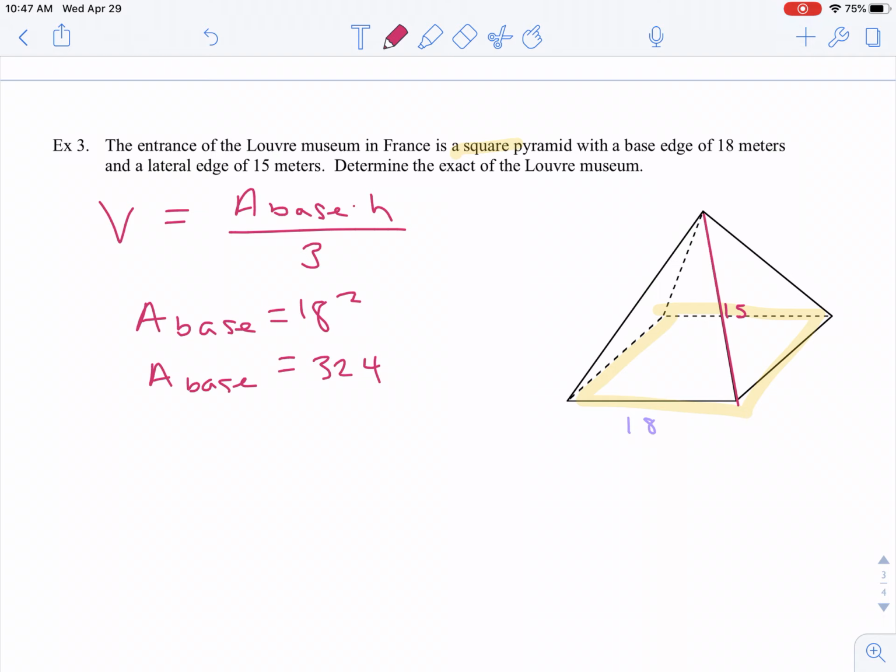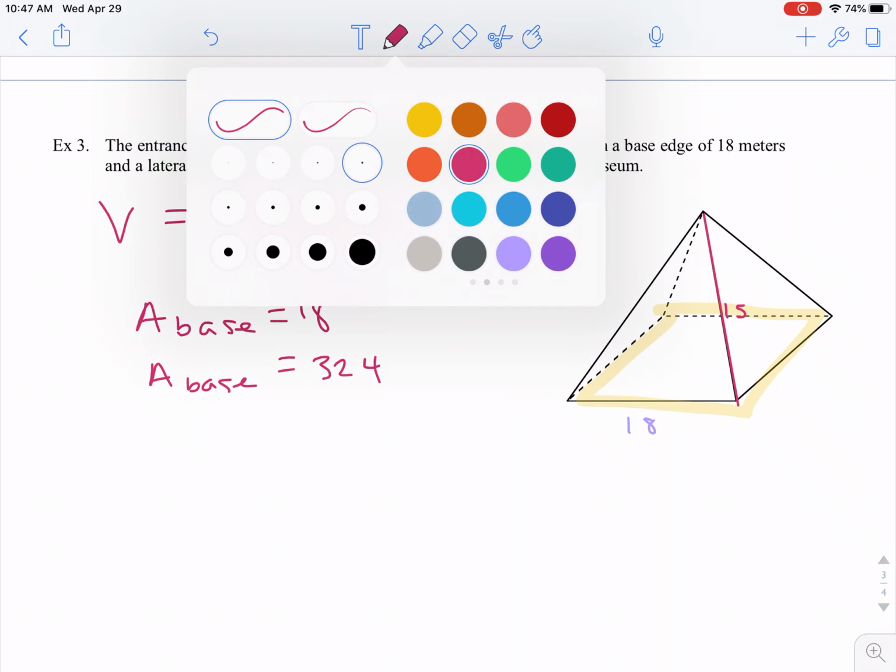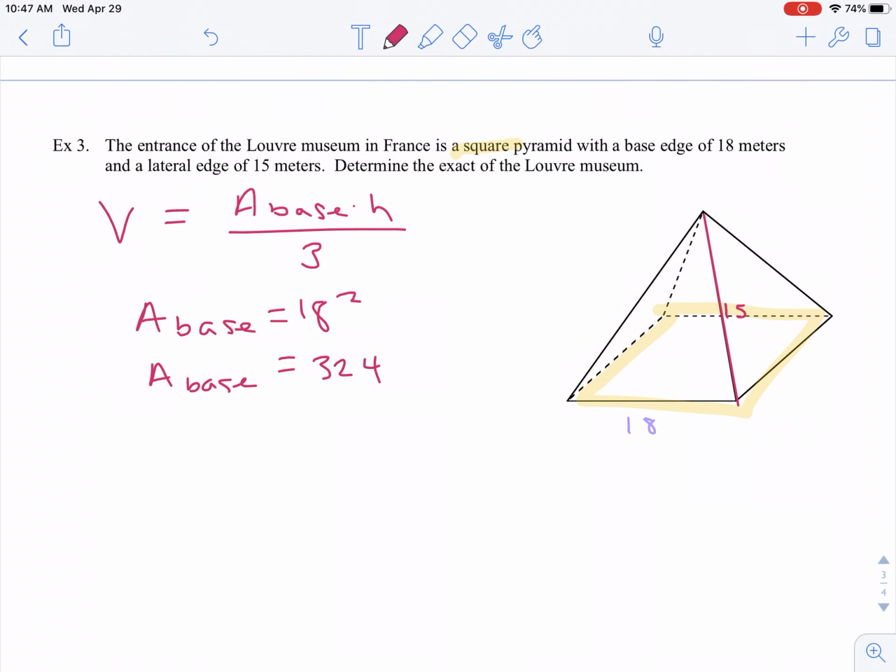So we're going to take a look at this. So we need to think about a few things. We need to think about specifically a couple different triangles, really, okay? So when I take a look at this, one triangle I could draw in is with the slant height like we did before. Okay, so maybe I should move my 15. I don't know. I'll leave it there. My 15 is the hypotenuse of that triangle, right?